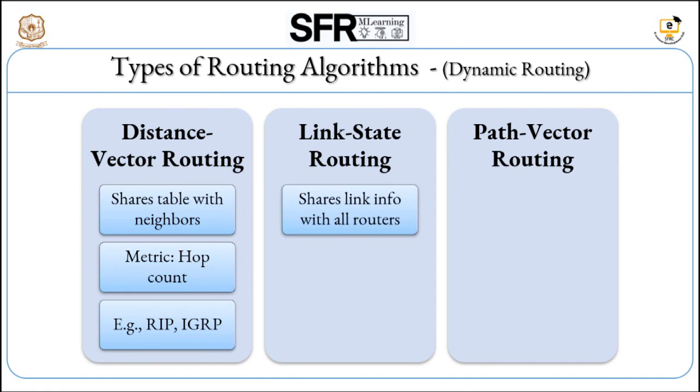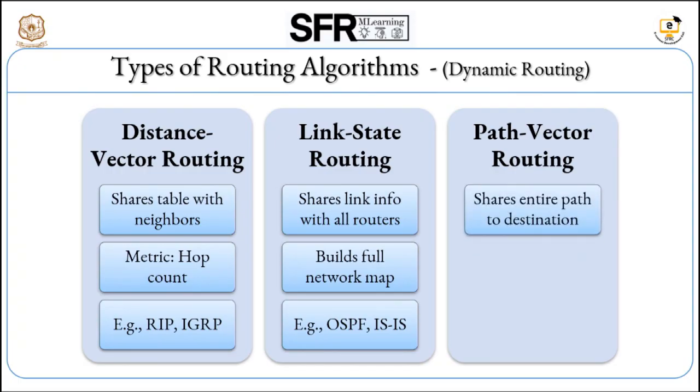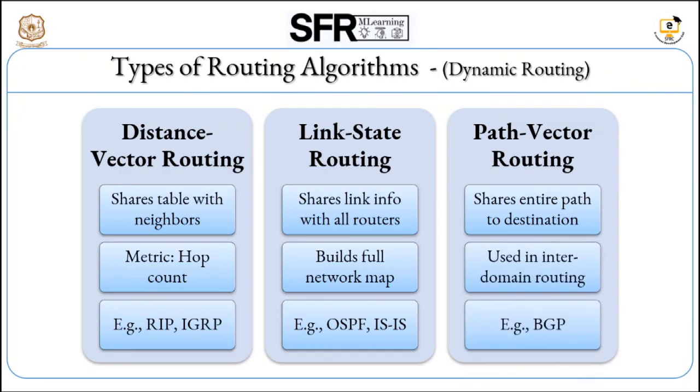In link state routing, each router builds a complete map of the network and calculates the best path. Example, OSPF, Open Shortest Path First. Path vector routing is used in large scale networks like the internet, where entire paths are exchanged rather than just distance. Example, BGP, Border Gateway Protocol.